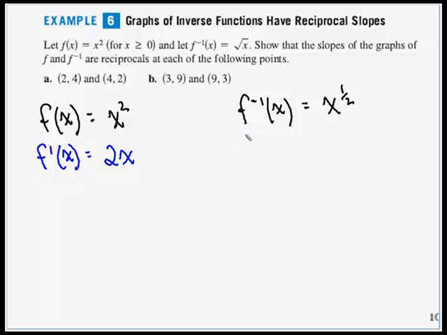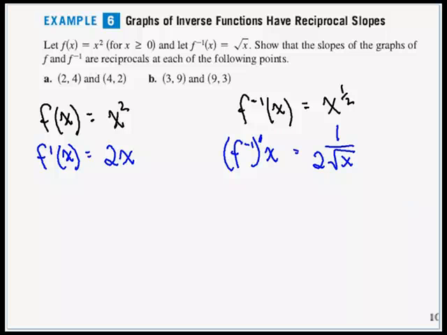And then over here, we're going to have f inverse prime of x, the inverse's derivative. For x to the 1/2, that would be 1/2 x to the negative 1/2, or 1 over 2 times the square root of x. So there is our function and its derivative, the inverse and its derivative.